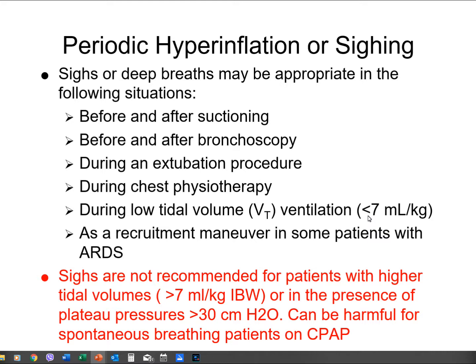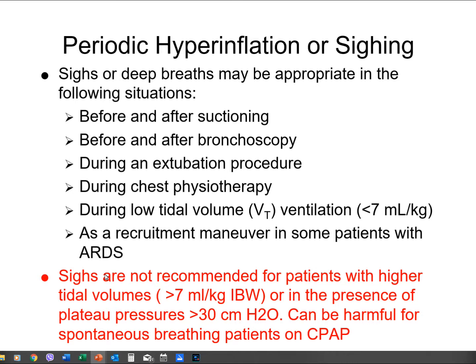So the main thing in this slide I want you to know is that sighs are not recommended for patients with higher tidal volumes, greater than 7 mLs. Why? Because when you take a big deep breath, you're increasing more volume. So when I increase more volume, I can possibly cause barotrauma. Correct? So that's why I want to watch.